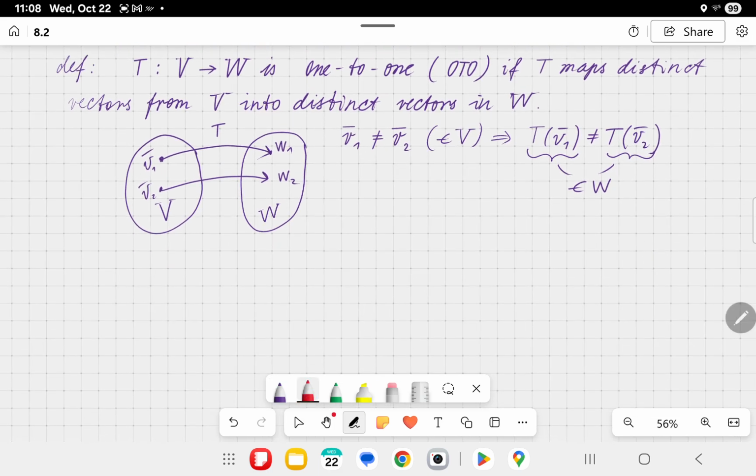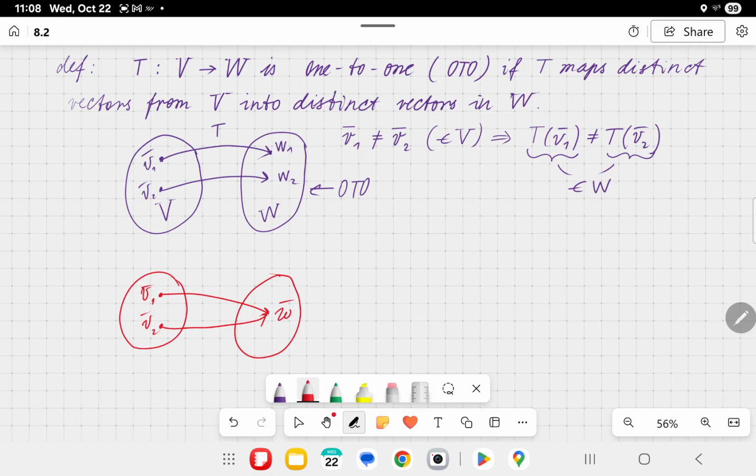Example of a bad transformation. Let me label this transformation one-to-one. Now, the bad transformation is going to be in red. We have these two circles and vector v1 and vector v2, and they go into the same vector w.